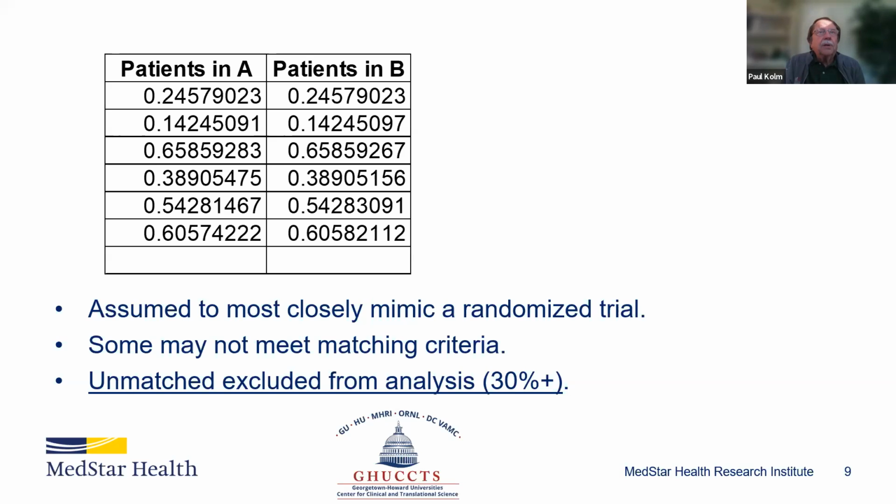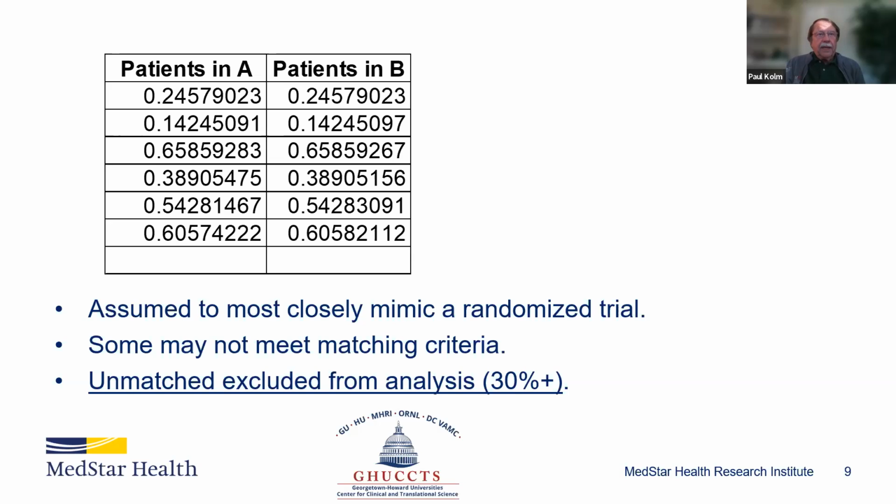The third one to 6, and so on. And so the criteria that you have to set beforehand is then how close of a match do you want? Are you going to allow? In other words, is say 0.60 versus 0.61, is that close enough for a match?